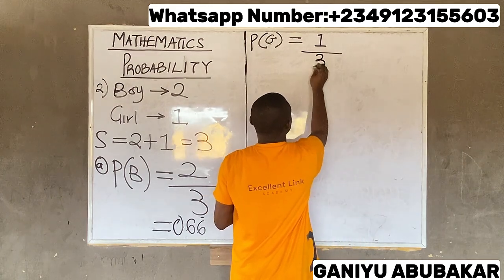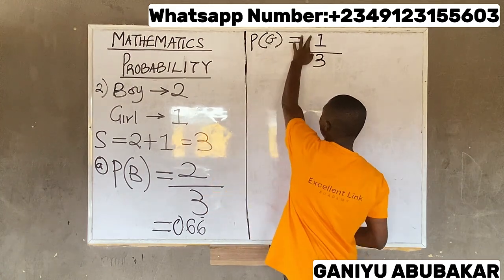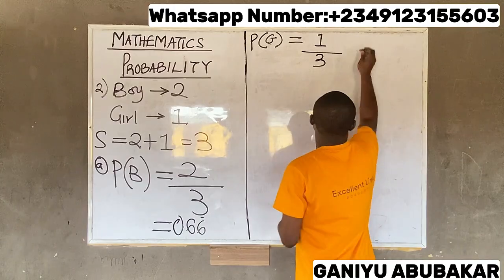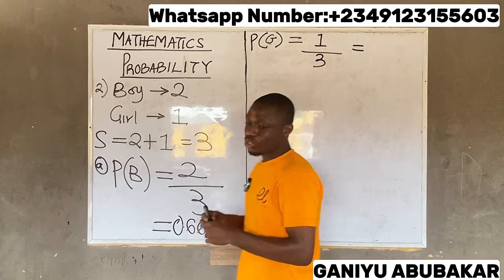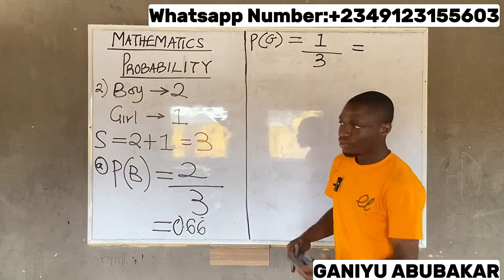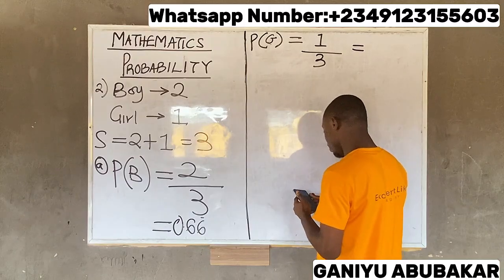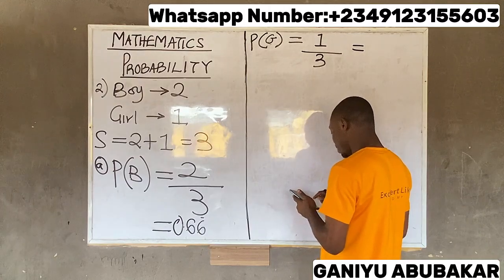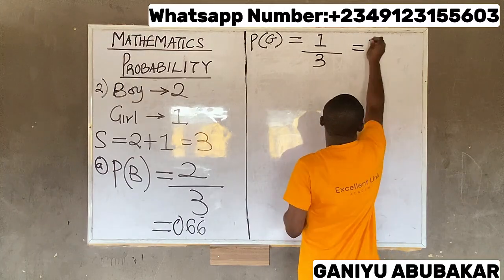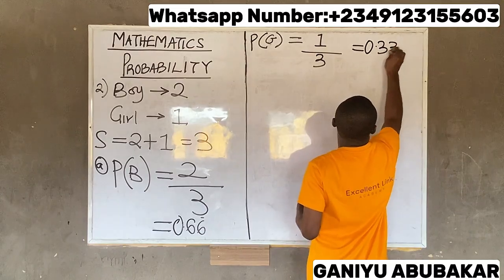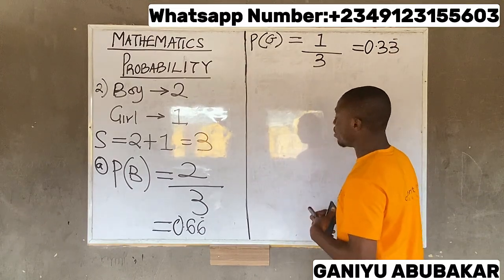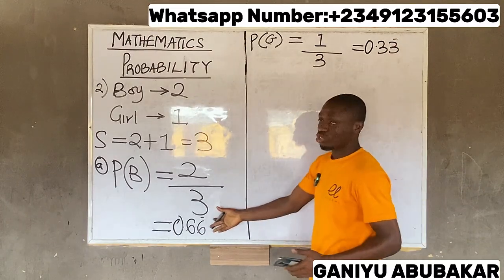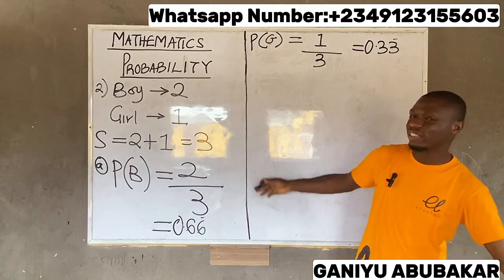So for a girl it is 1 over 3, which is equal to 1 divided by 3. That gives you 0.33, and it continues 333333. This is how you solve probability, as simple as this, please.